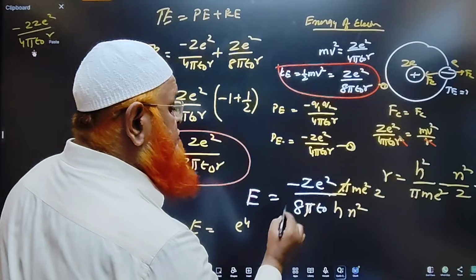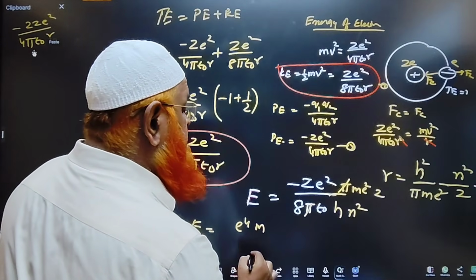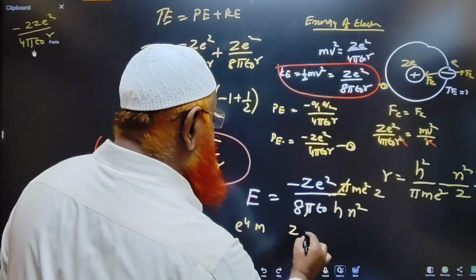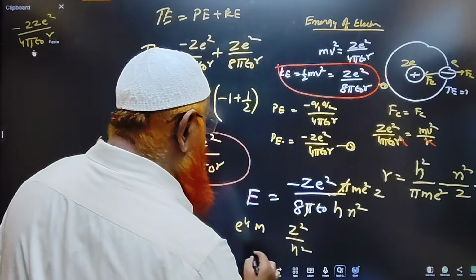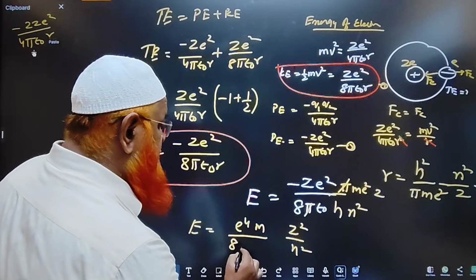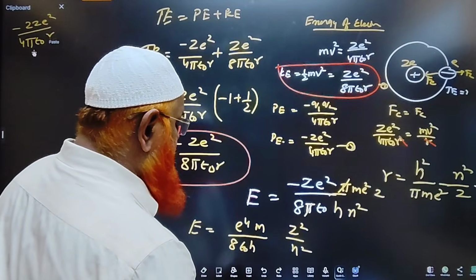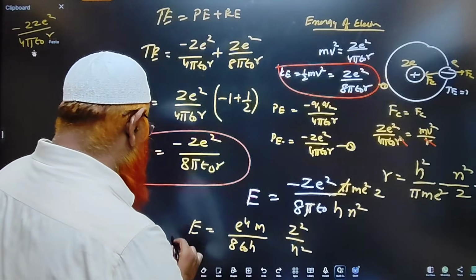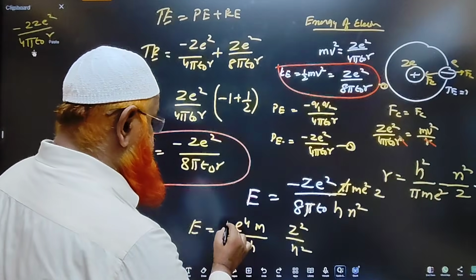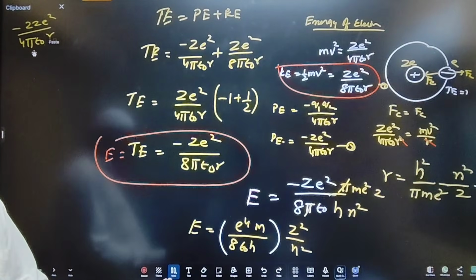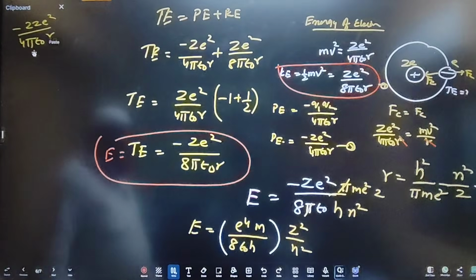So e power 4 m, Z square in the numerator, n square in the denominator, 8 epsilon naught h. Is there anything left now? Is it okay?